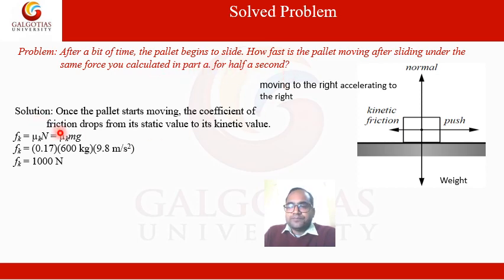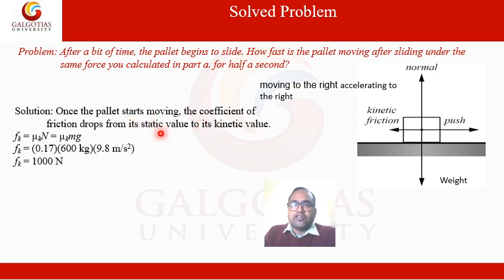Now the solution is, once the pallet starts moving by applying the force we calculated in the last problem, the coefficient of friction drops from its static value to the kinetic value.